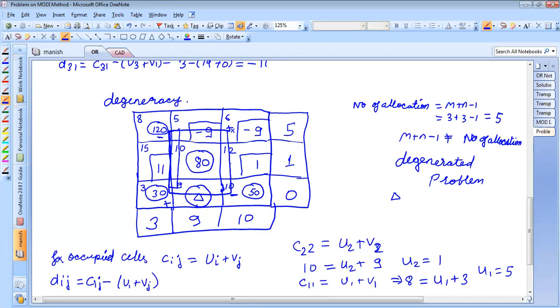Again, I'll create one more allocation. Okay. Is it correct, students? So I'll make another table with 50 being here and 70 being here. This being 80. Correct, students?